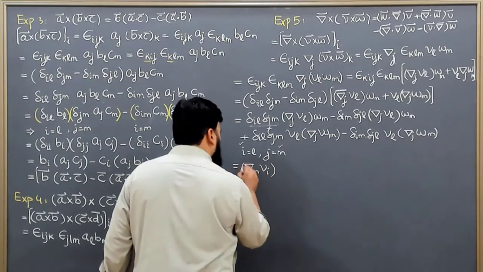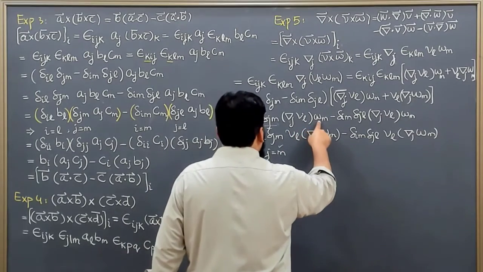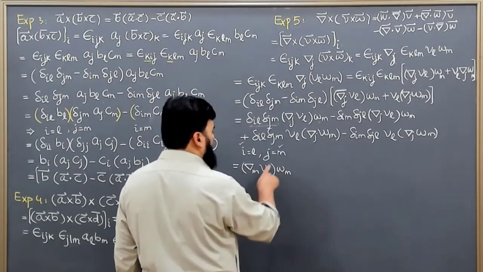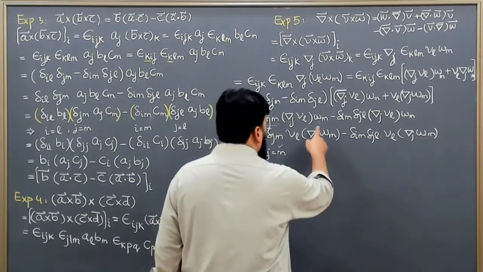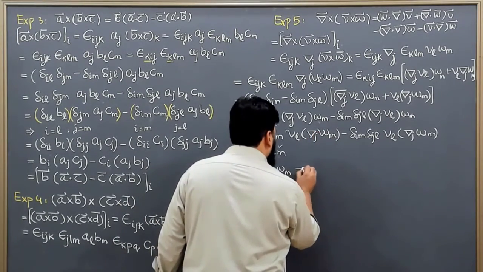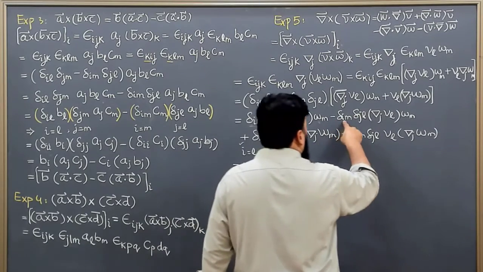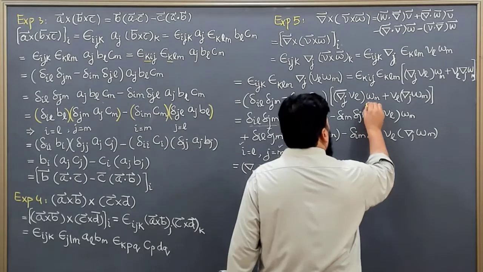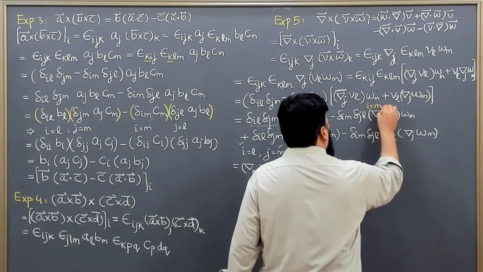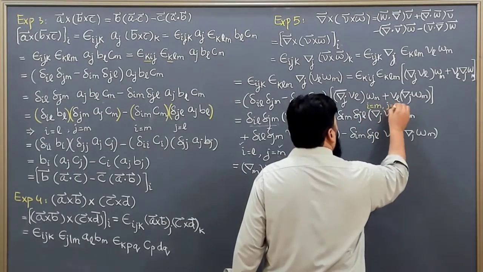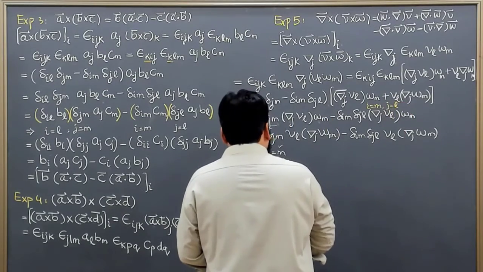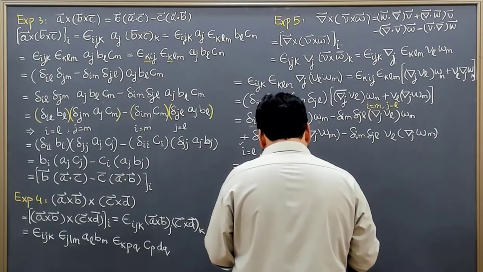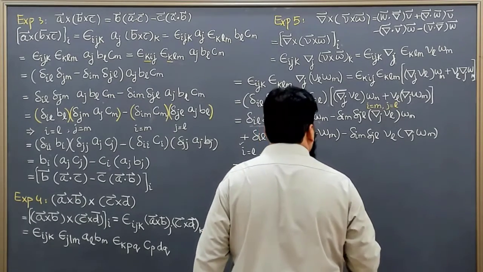Similarly, this is in the W_M, and I have written here the M I will retain while J I will just replace. Minus, here I will write I equals M, when I is equal to M and J is equal to L. So again I will write I equal to M, the J and M I will retain.